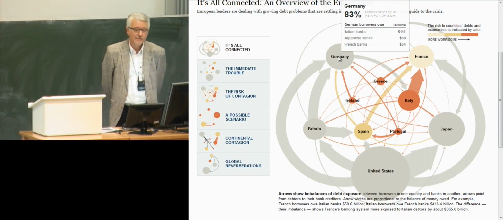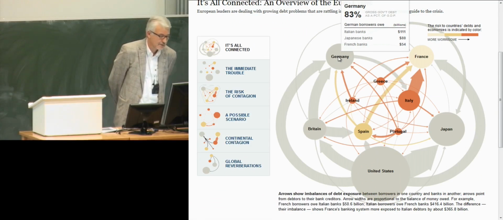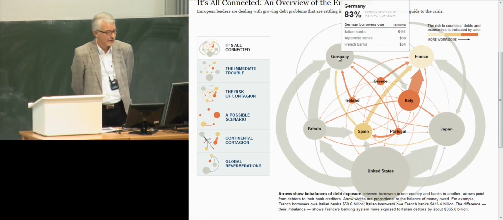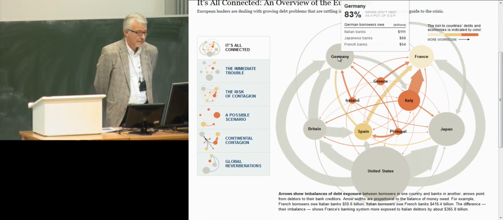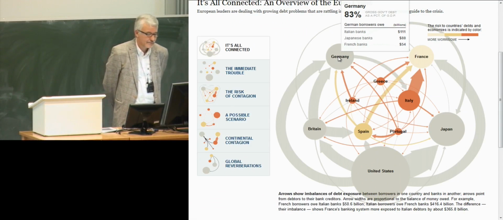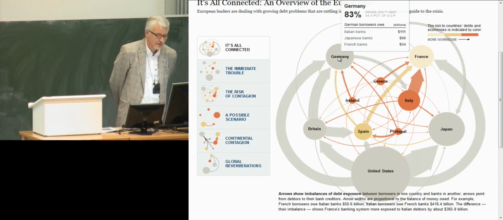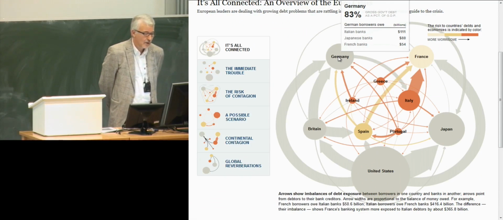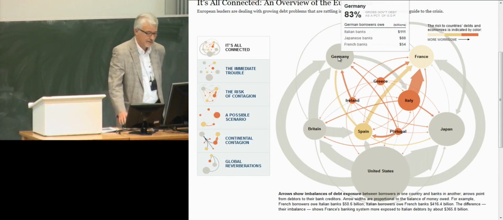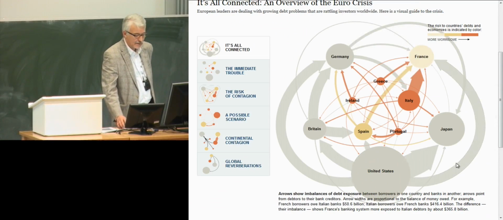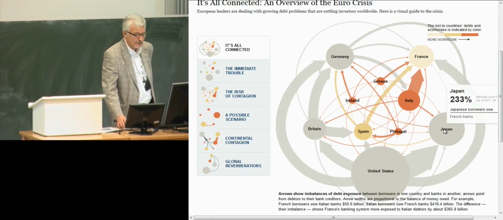This is in dollars because it's a simulation scenario from the New York Times, but you can get the euro numbers if you want with the exchange rate ratio. So German borrowers owe Italian banks and Japanese banks. So it's all interconnected.